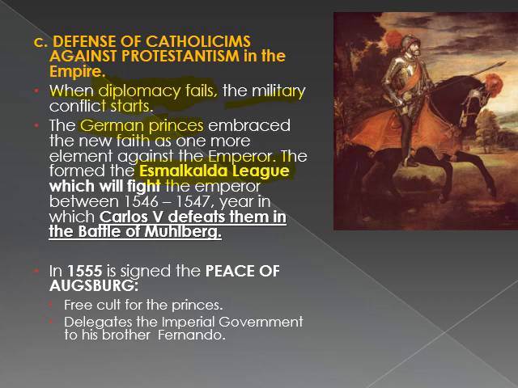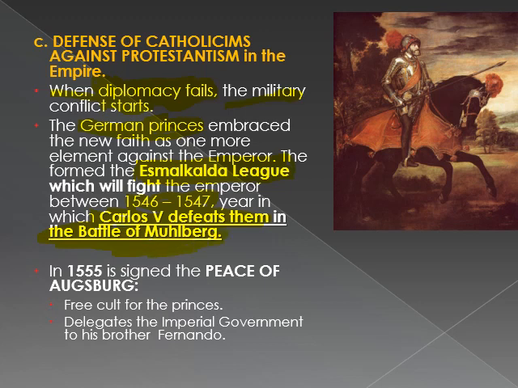So the Protestant Church didn't have that tax, so it was very profitable just to become Protestant. The Smalkaldic League and the Emperor are going to fight in a war between 1546 and 1547, and Charles V is going to defeat them in the Battle of Mühlberg, la Batalla de Mühlberg.